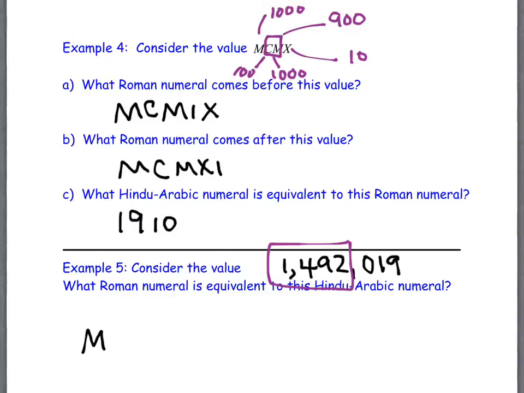How do I get 400? Without using C's and I's and M's, just tell me what you're thinking with the numbers. You're going to use a subtractive feature, right?